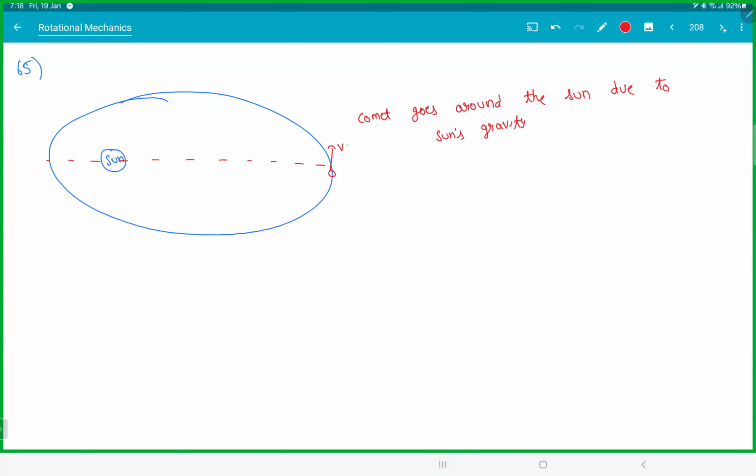At this point, the speed is v1. This is your farthest point, and this distance is r1. Here the speed is v2. This distance is r2. This is the closest point. Find v1 by v2.